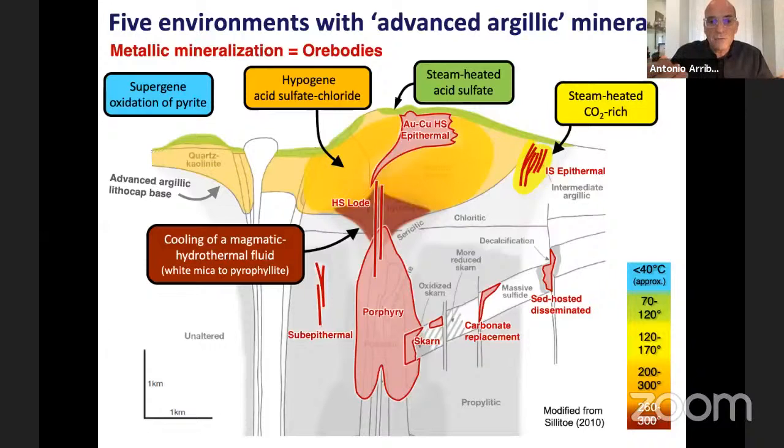You see the native sulfur coming after the leaching. So at least in part, these fluids were active at a later stage and they were descending into the residual quartz. But they are contemporaneous for the most part.